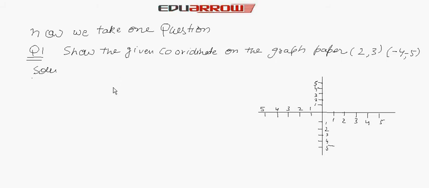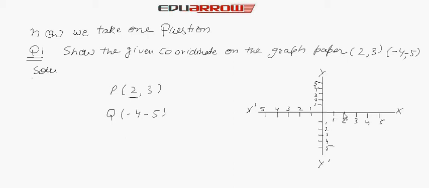And now the value of the first point is a positive number, which comes on the right side of the y-axis. 1, 2 here, and after this 2 is here, and after this point 3, 1, 2, 3, so the point is here.